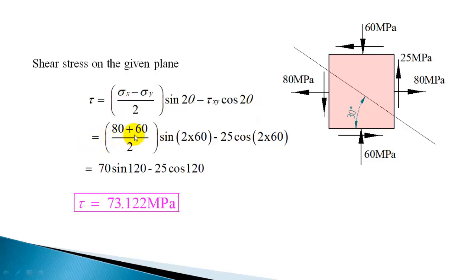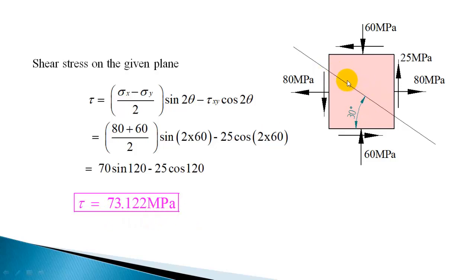So (80 plus 60)/2 sin 2 theta, theta 60 degrees, minus 25, shear stress is plus 25, so minus 25 cos 2 into 60. (80 plus 60) is 140, by 2 is 70, 70 sin 120 minus 25 cos 120, which gives the shear stress as 73.122 megapascal. So you are getting the shear stress 73.122 megapascal.